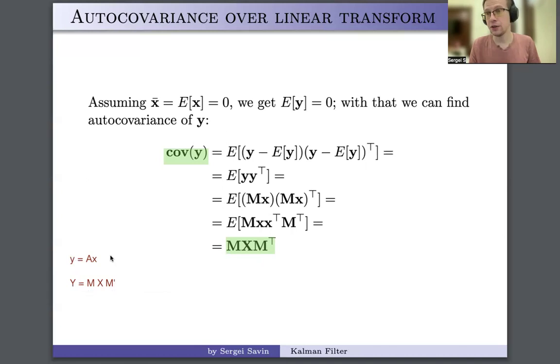This first expression is how the variable is transformed. It is how the mean is transformed. Both of those are equivalent. The second expression is how the covariance is transformed.